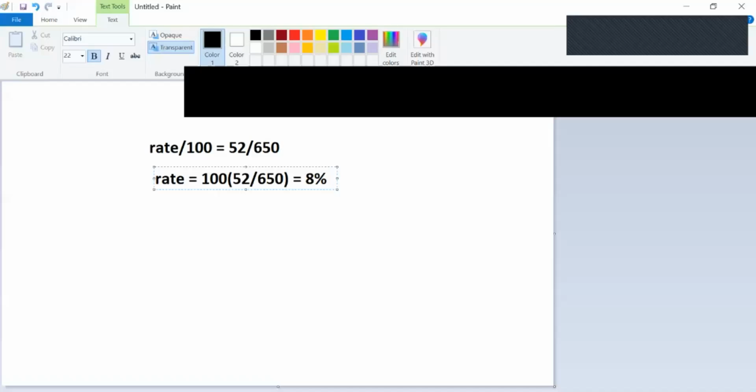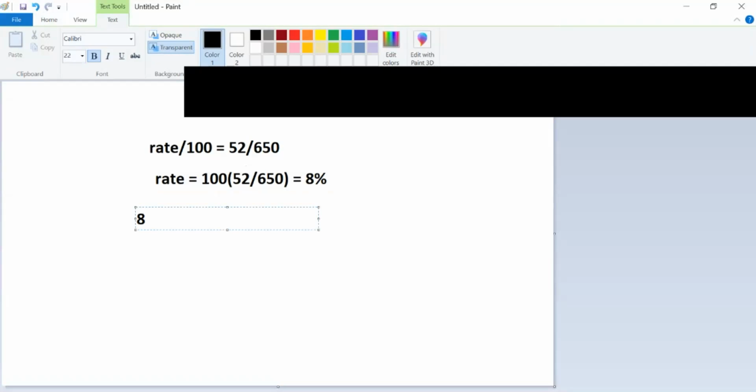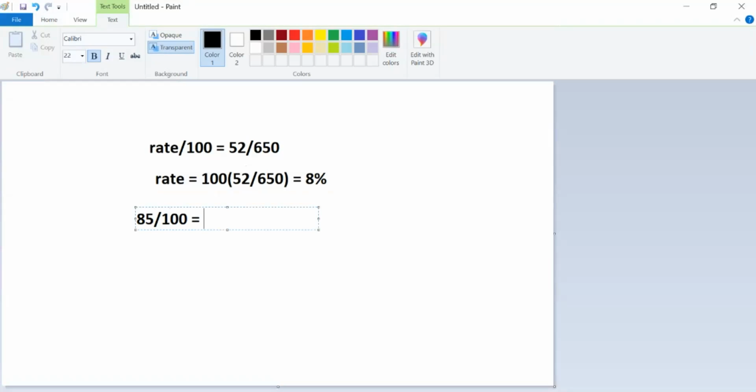On that particular one, the rate was 85%. 85 over 100 is equal to, and the part was, wait, what are those? I lost my numbers. The part is 170, thank you. The part is 170, so you don't know what the base is, right? Yes, correct.